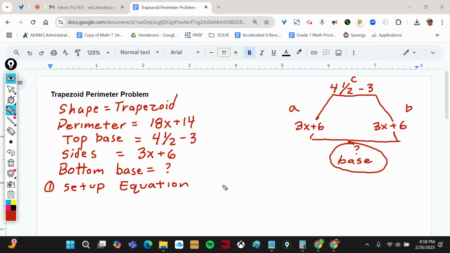So the concept is that A plus B plus C plus the base equals the perimeter.